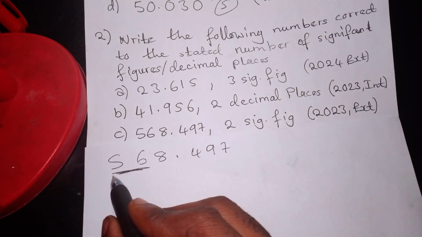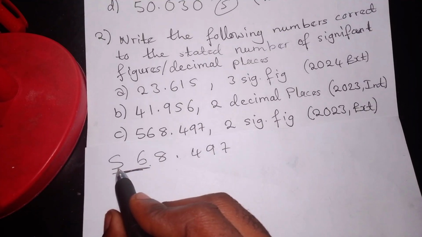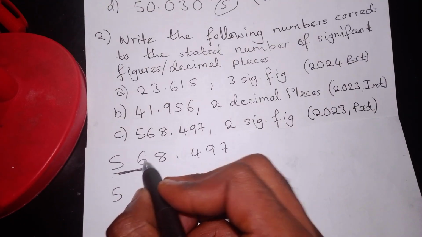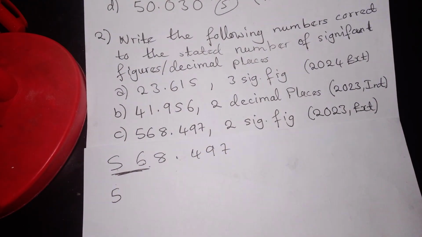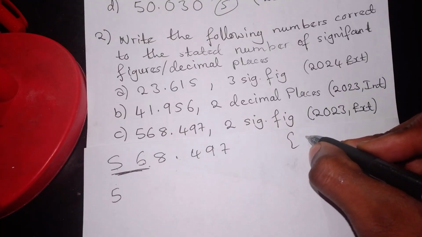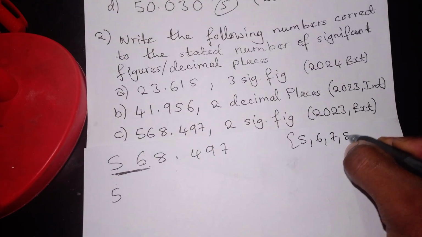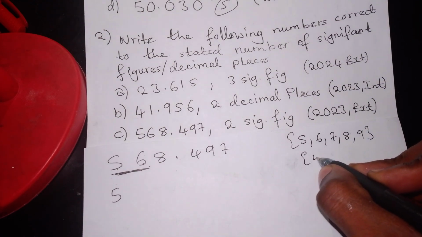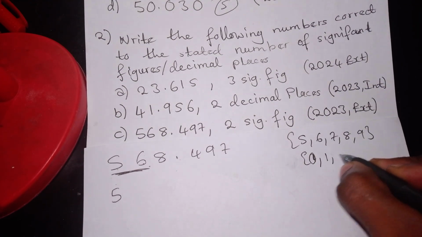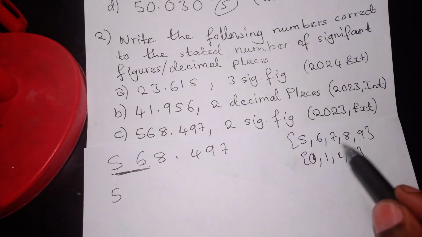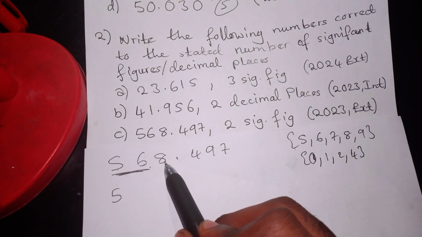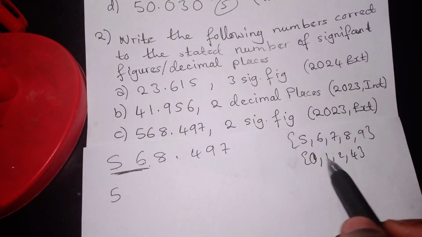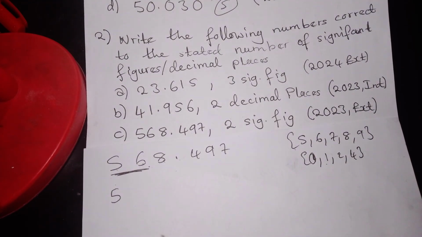To round this number correct to 2 significant figures, just write the first number as it is. And then for the second digit, you check the number next to it. Is it in the set 5, 6, 7, 8, 9? Or is it in the set 1, 2, 3, 4? If the number next to 6 is in this set, then the 6 will increase by 1. Otherwise, it will remain as it is.